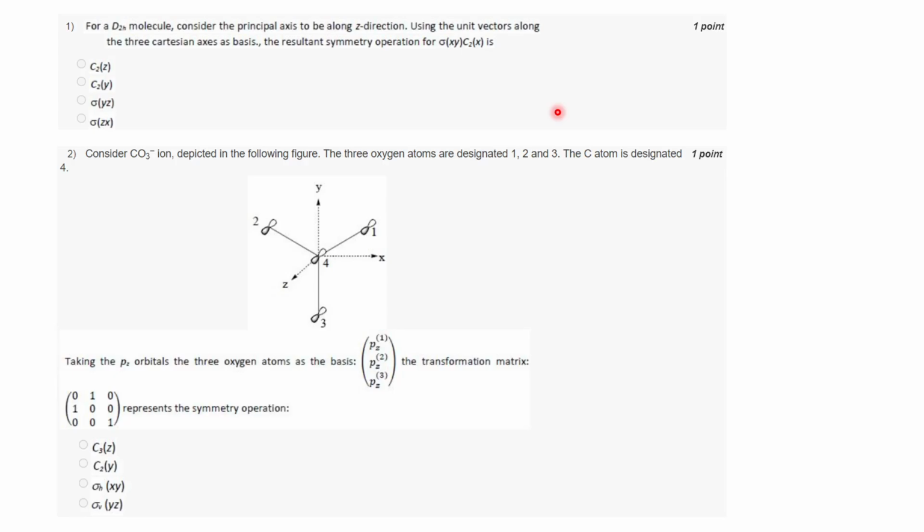I don't know if the notion is correct, but sometimes it is said that, suppose you have multiple C2, how to identify which C2 is your principal axis?